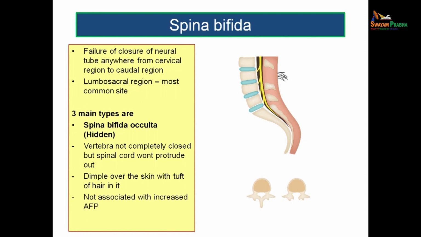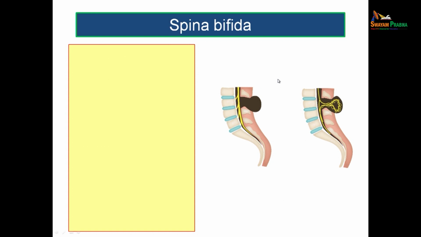It is actually not associated with increased alpha fetoprotein, because in most of the neural tube defects you will be getting raised levels of alpha fetoprotein, but in this case you are not. So, this is a defect in the vertebra, with a dimple and a tuft of hair.